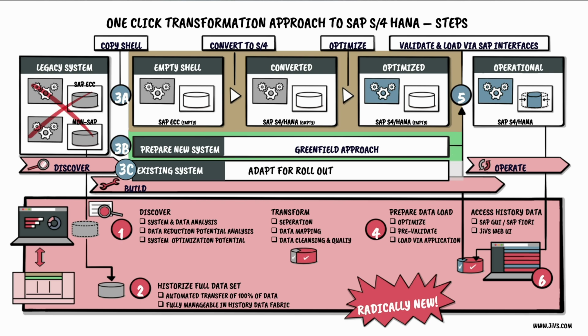So this is just the migration approach then. If you think about that, the data is available, it's in a transparent format, and you can access it out of S4. What it means is, in our approach, we typically do a greenfield approach with a lot of the brownfield benefits. So we only move open items, master data to the future core.